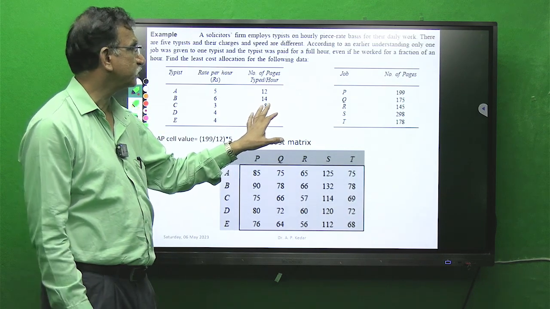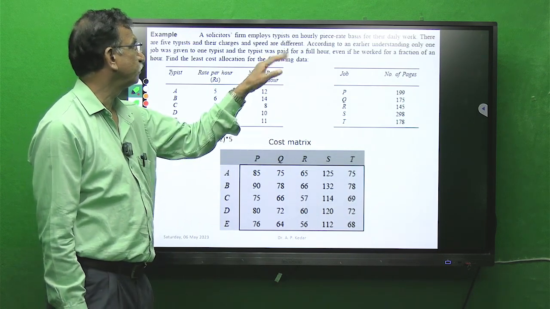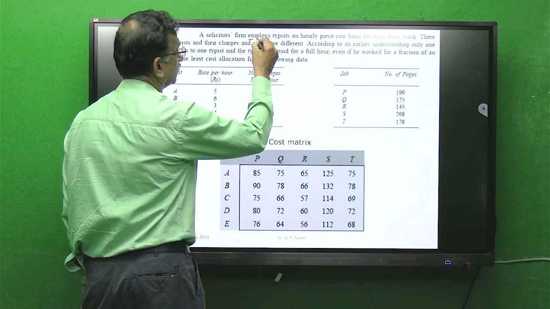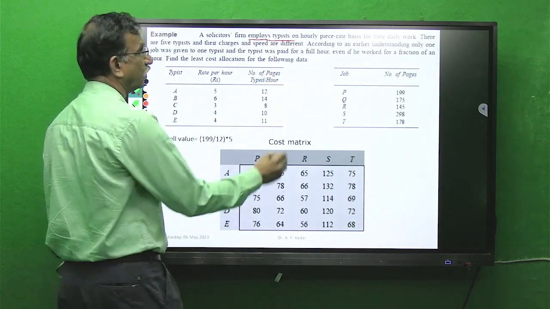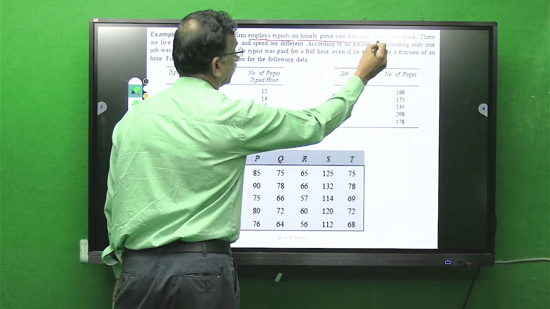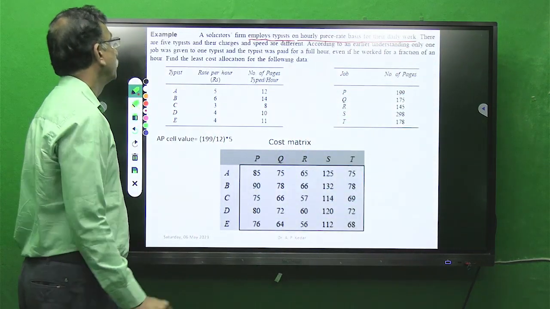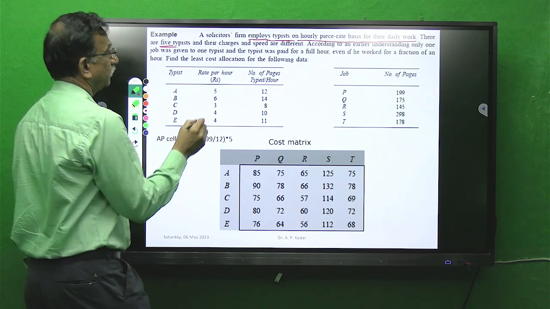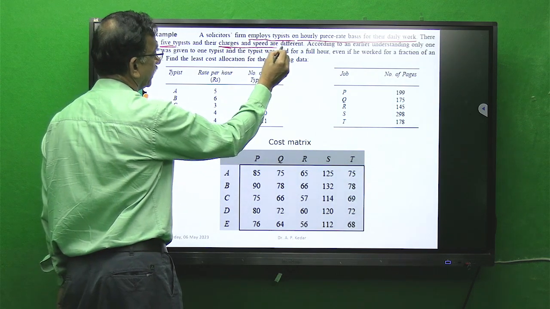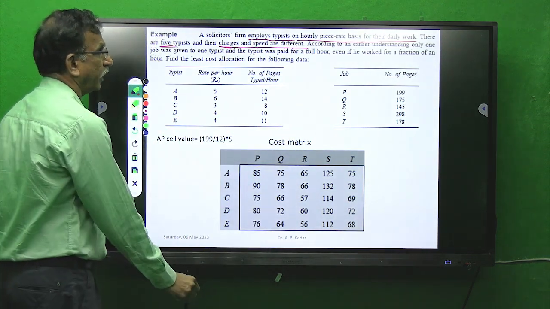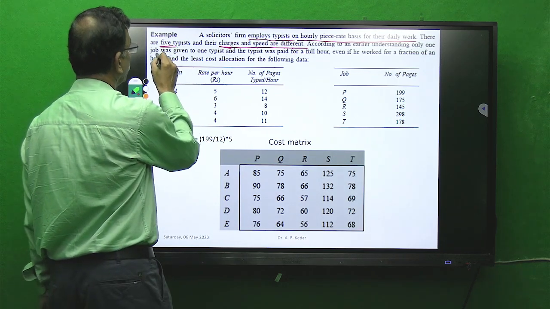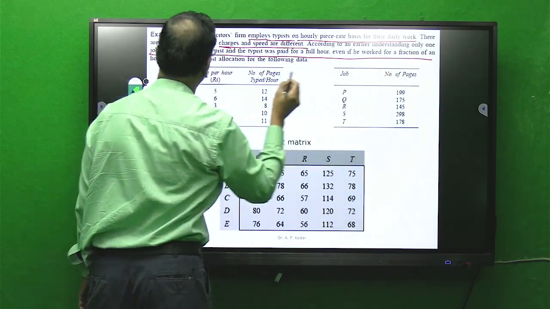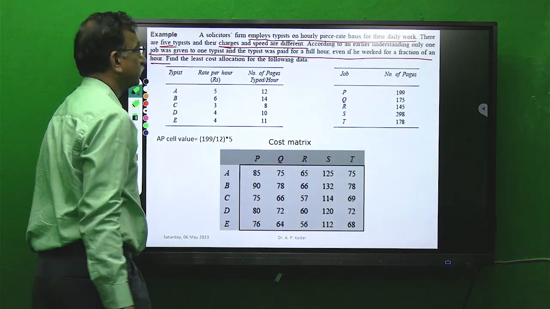So what the problem says here, students, if you read it: a solicitor firm employs typists on an hourly piece rate basis for daily work. There are 5 typists, having different charges and speeds. According to the understanding, only one job was given to each typist, and the typist was paid for the full hour.